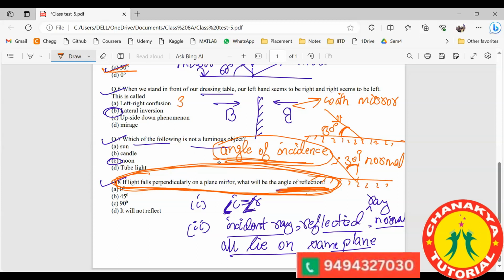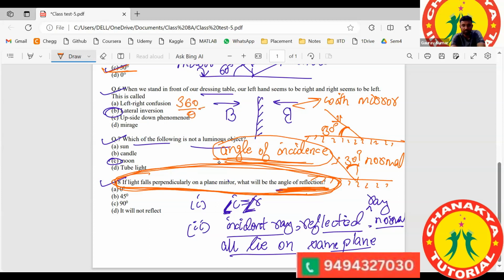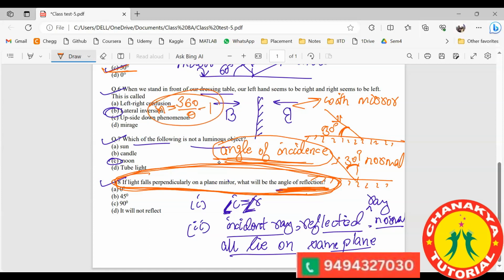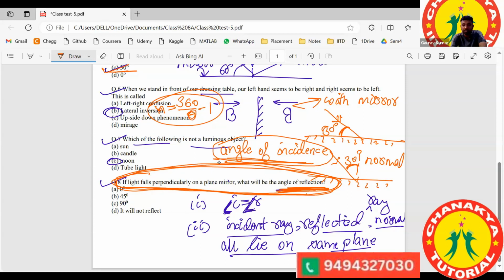There is a formula: 360 by theta minus 1. So right now, put 360 by 60 minus 1, right? Yes, theta is a generalized one, so you can write theta equal to 60 degrees.